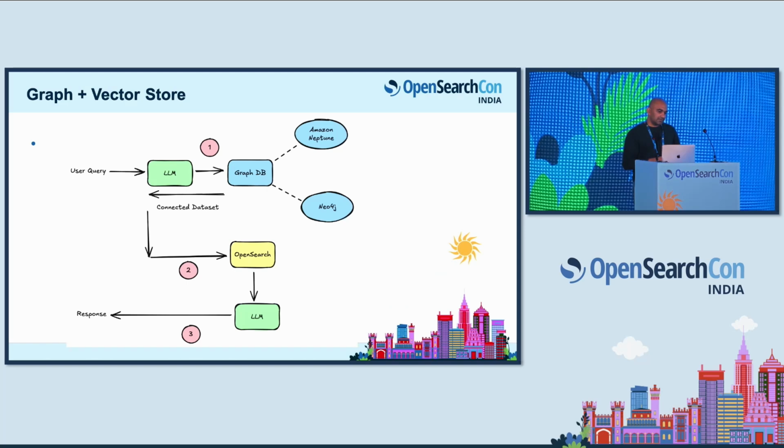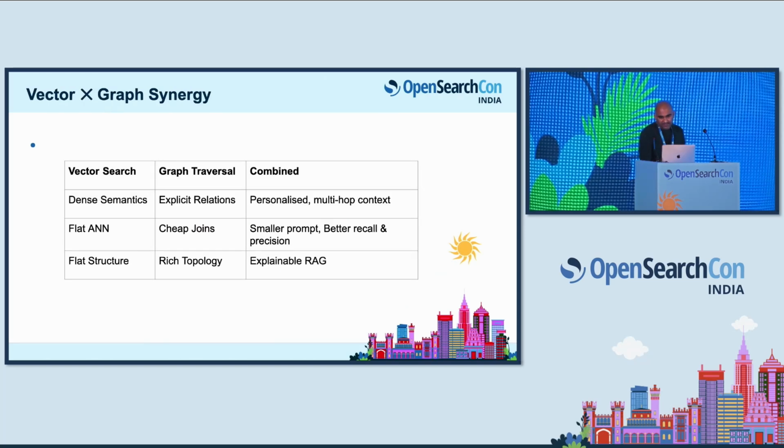The third part is that this now brings about the difference which you can see when you're simply using vector search versus graph traversal. With vector, you get a very dense semantics of knowledge, while with graph, you are getting the explicit relationships. And when you combine both of them, you're getting the personalized multi-hop.